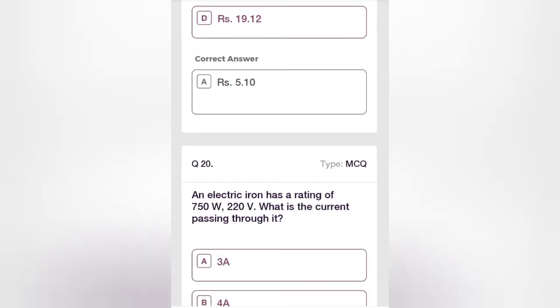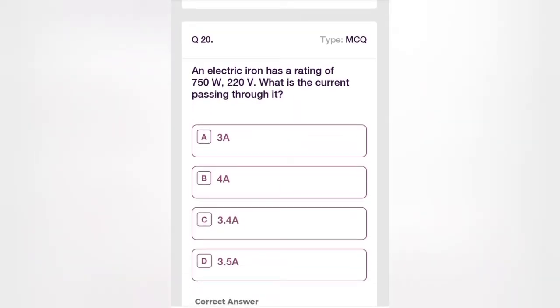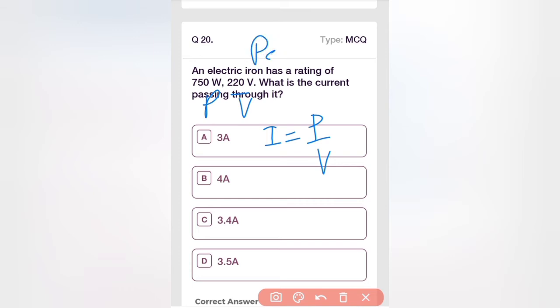An electric iron has a rating of 750 watt, 220 volt. What is the current passing through it? Having given the power and voltage, we need to find the current. So current is equal to P by V. The relationship between power and the voltage is P is equal to V into I. From this we can get the expression for current.